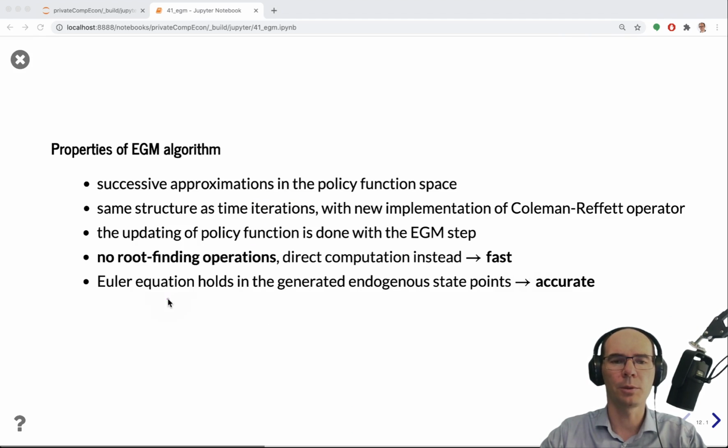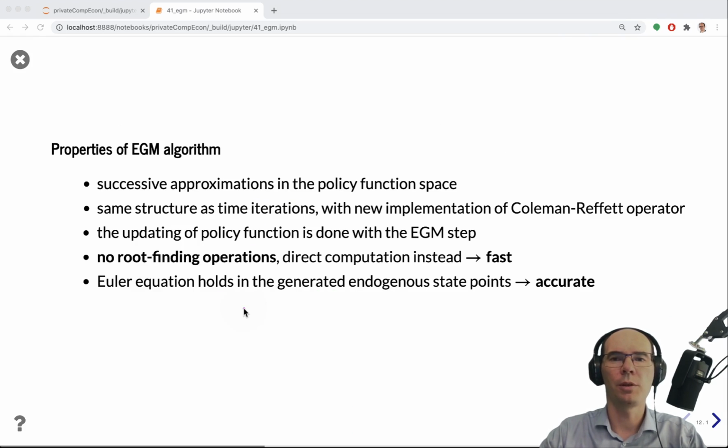But also think about this. We're using the Euler equation to find these endogenous points in the state space. And so in all of these points, the Euler equation is satisfied exactly. Right?